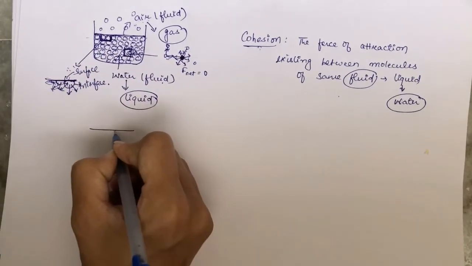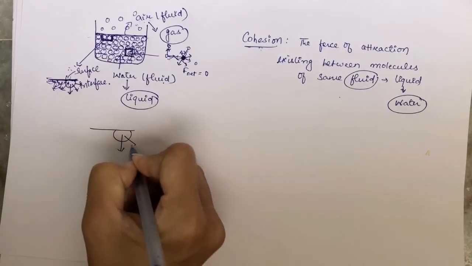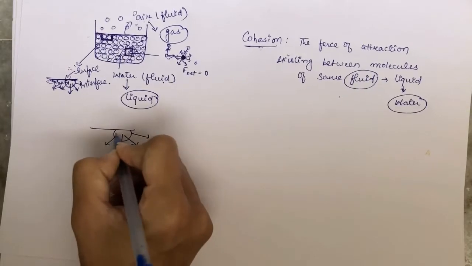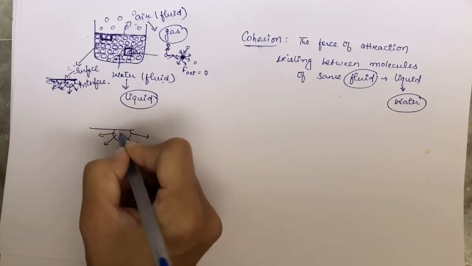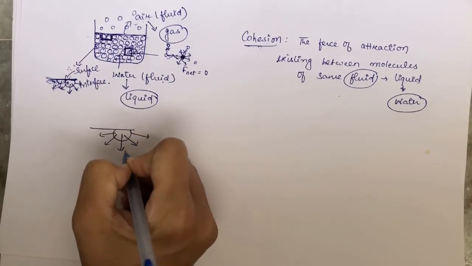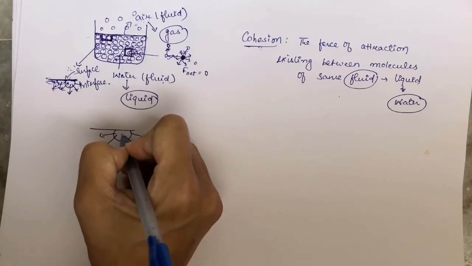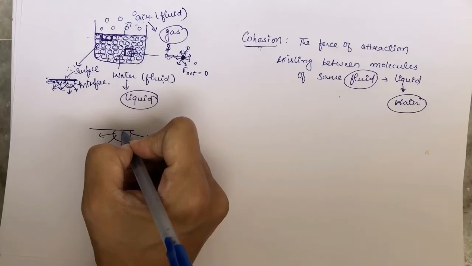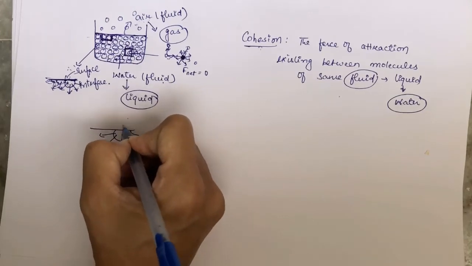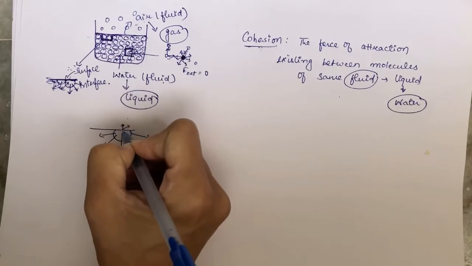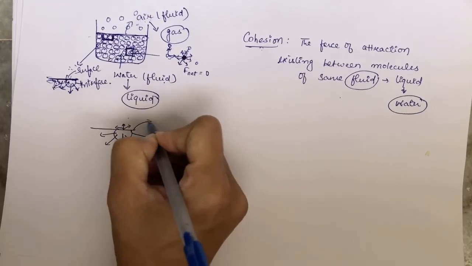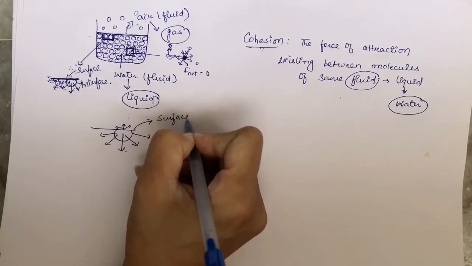I'll show it bigger over here again. These are the intermolecular forces experienced by a molecule which is present in the liquid. Now this molecule will experience attractive forces above the surface interface, but the magnitude of that will be very small. This is again the surface interface.